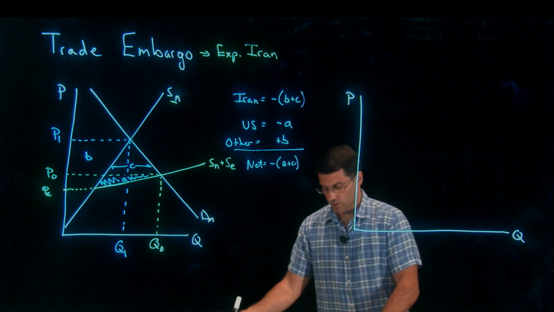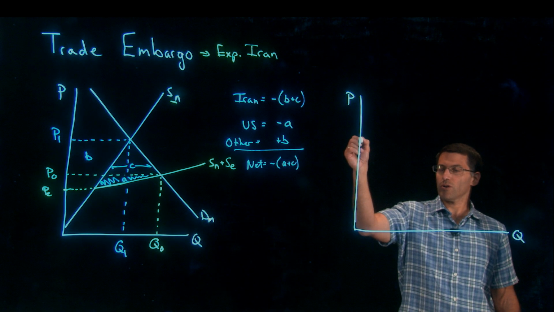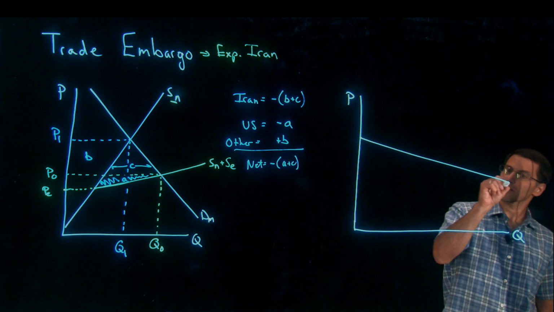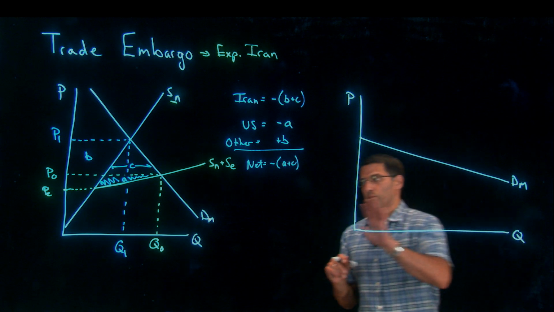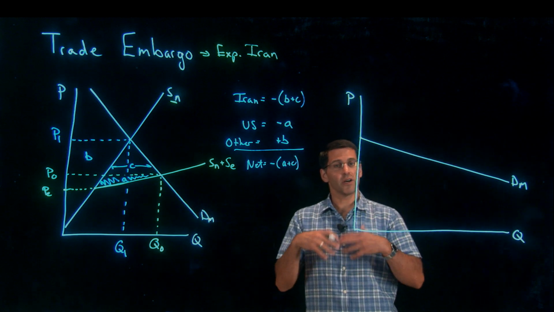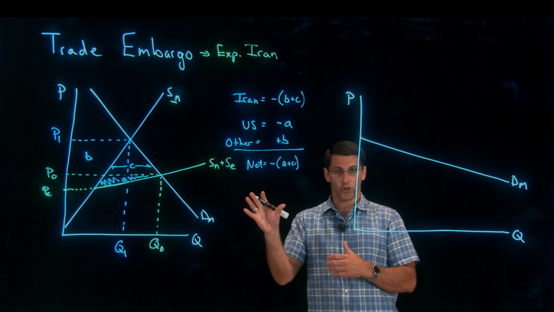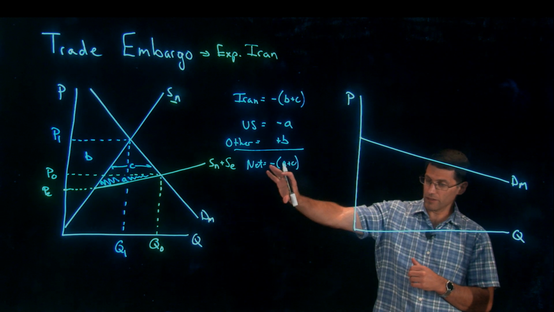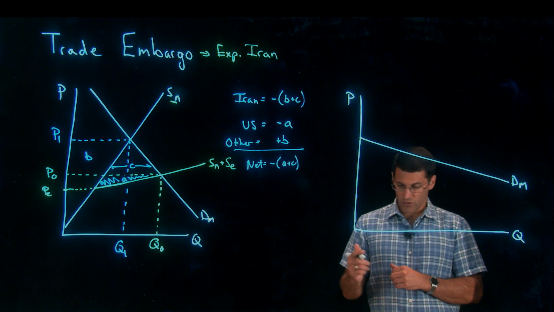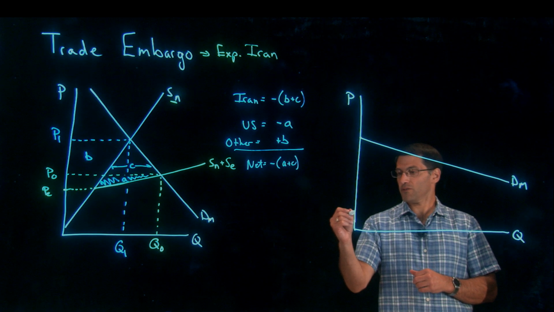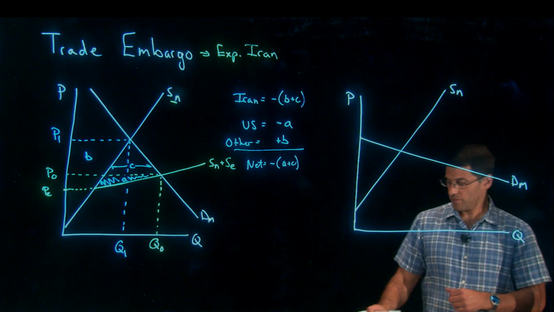Okay. And so in this case, here's our note. We're going to draw here a more elastic demand for imports for Iran. Okay, so notice if you compare it to the demand curve we had here, it's much flatter, right? Meaning that the demand for imports in these embargoed goods from Iran is much more elastic than in the scenario on the left. And now I'm going to have our supply curve from the non-embargoing countries.